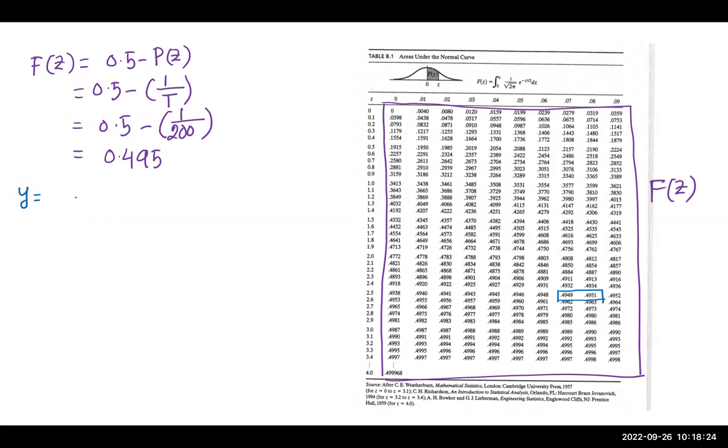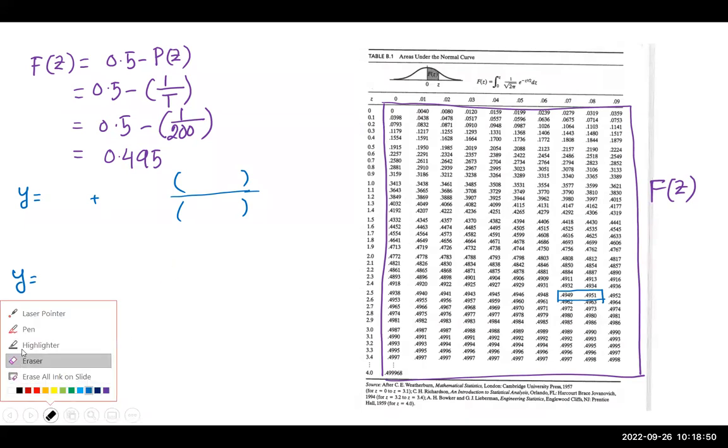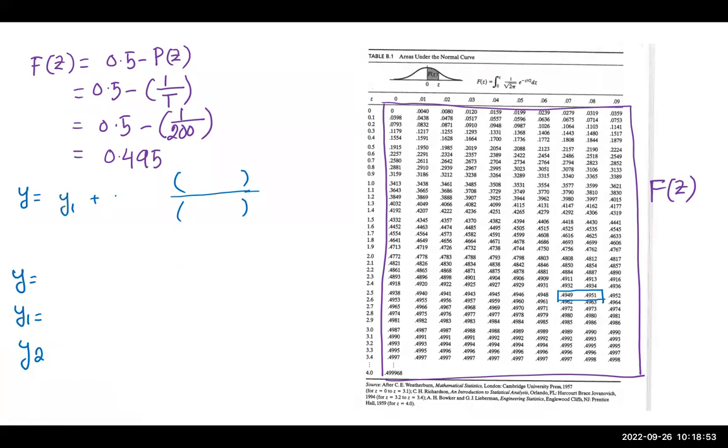Y equals y1 plus x minus x1 times y2 minus y1 over x2 minus x1. Okay, so that is the linear interpolation, right?